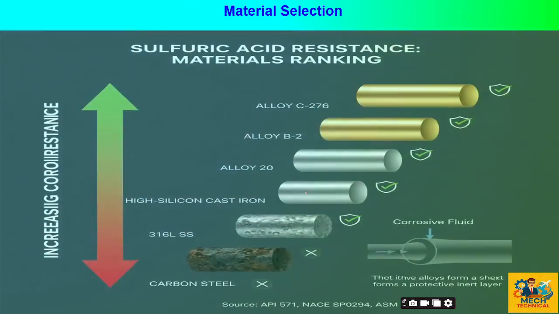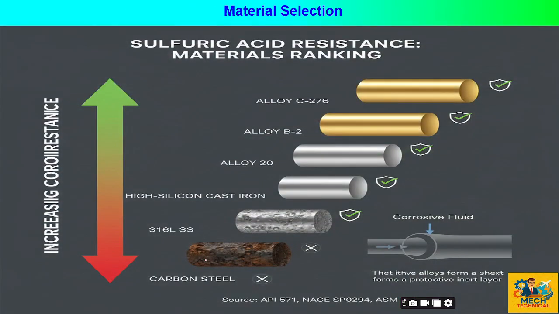Now the metallurgy selection. Carbon steel is the basic material. It can be used up to about 98% concentration under ambient conditions. When we want to upgrade it, we can upgrade to 316L, then high silicon iron, then alloy 20, alloy B2, then alloy C276.